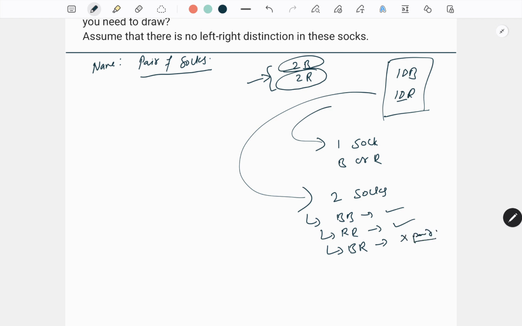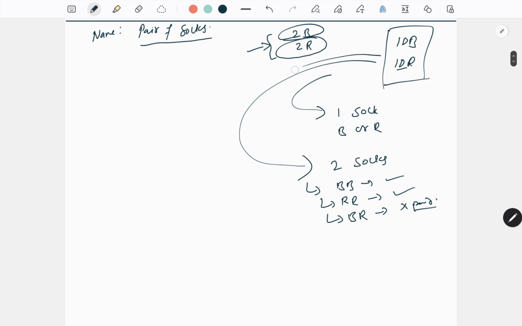So let's say we take three socks. What can be the cases? You can have the first as black, the second as red, and the third can be either black or red. If the third is black, you have a pair of black socks.